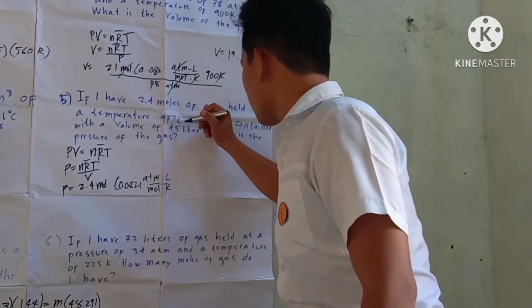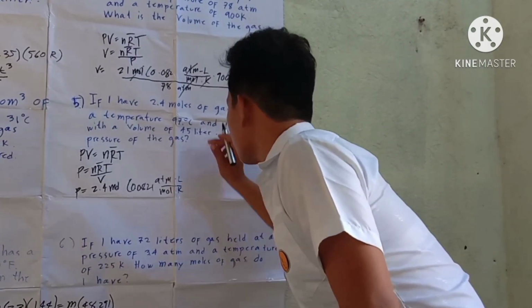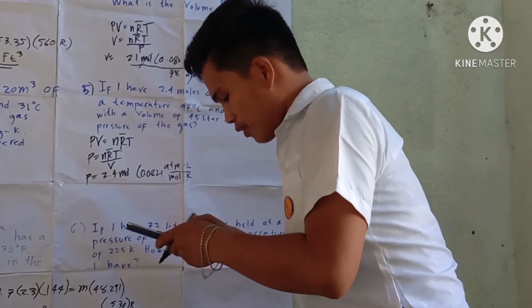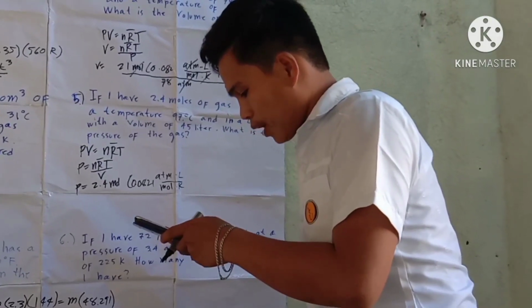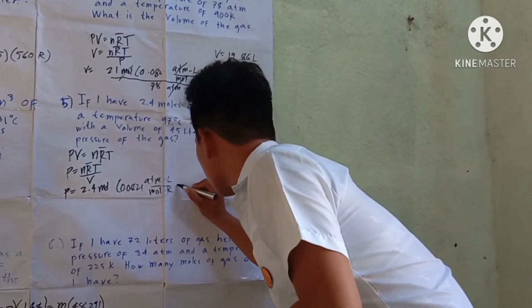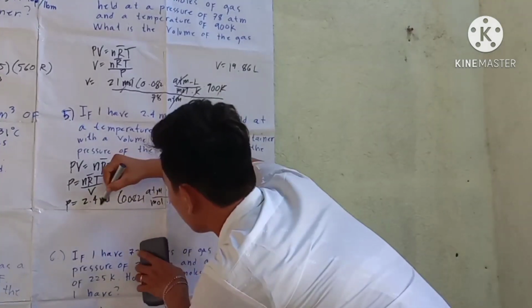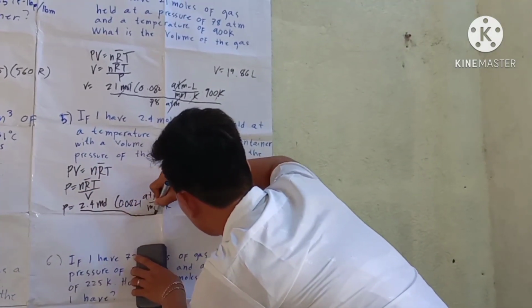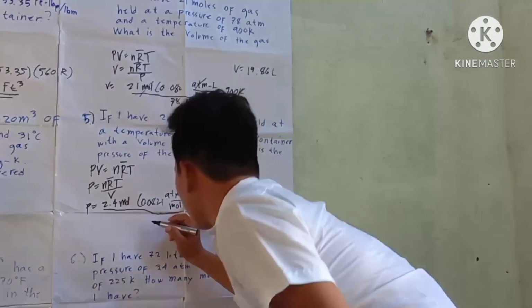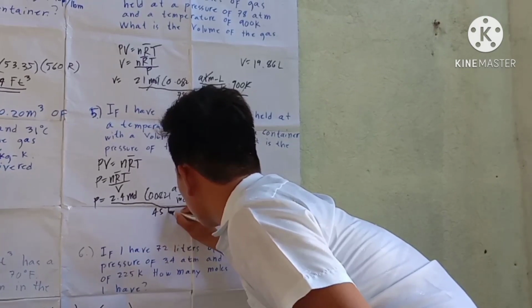The temperature is 97 degrees; we need to convert it into Kelvin. So 97 plus 273 equals 370 Kelvin, over the volume, 45 liters.